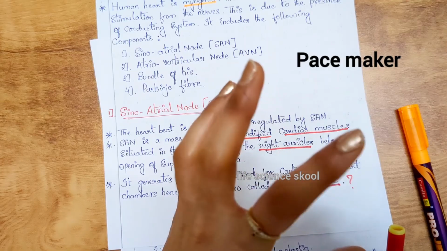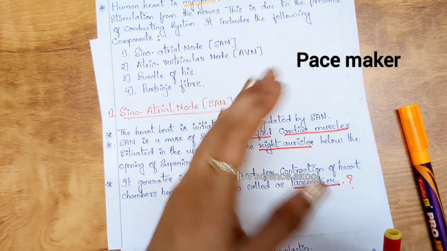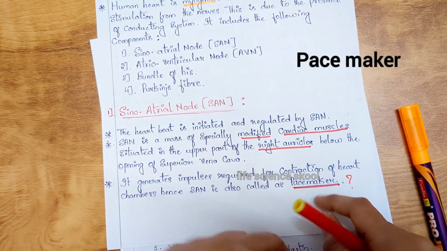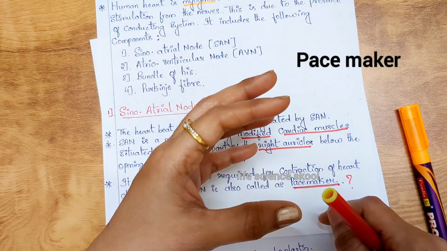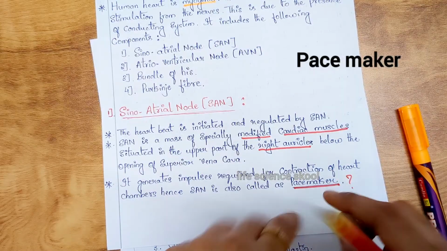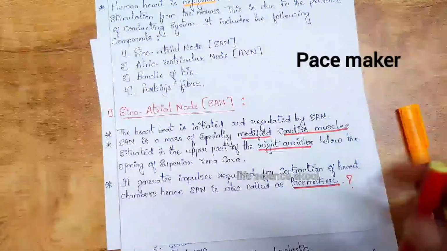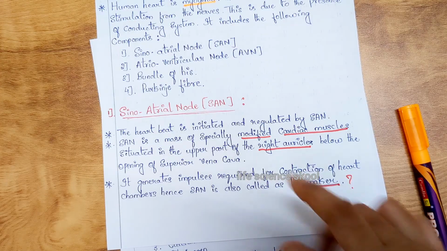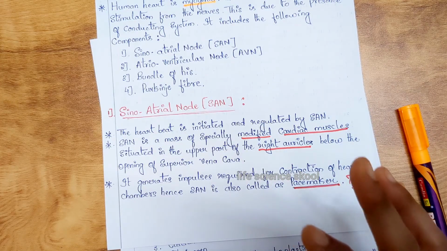This is an abnormal condition. The heart should beat in a normal manner. So for that, people with this problem will use a pacemaker. They will implant it inside the body, so that it helps in maintaining the normal heartbeat.